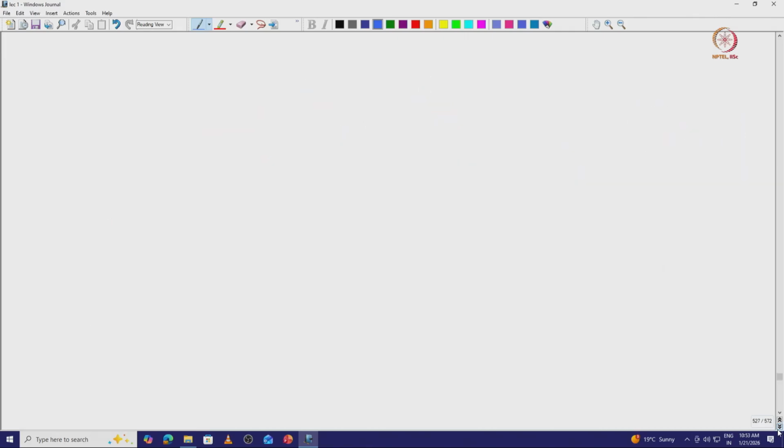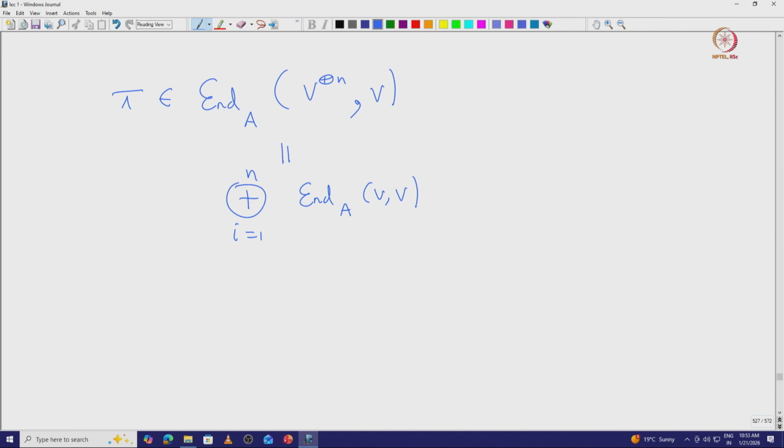But what do we know about this endomorphism that commutes with the action of CG? Since V is irreducible, we can actually tell something more about this endomorphism. So, note that pi is inside the endomorphism of V direct sum n, V. Now, this direct sum and endomorphism commutes. So, this you can write as direct sum of i ranging from 1 to n, endomorphism of V comma V. So, now what does Schur's lemma tell us?